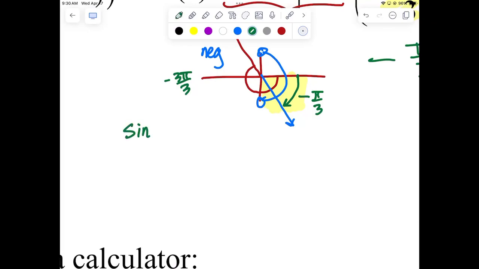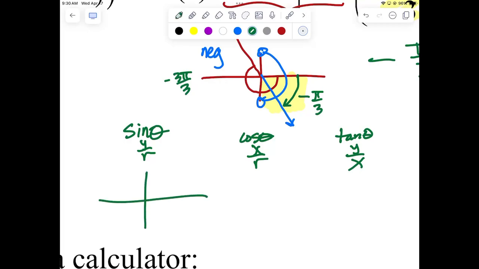It's because you have sine, which is y over r, you have cosine, which is x over r, and then you have tangent, which is y over x. So, if you're talking about sine, sine is positive in vertical adjacent quadrants, and it's negative in vertical adjacent quadrants.